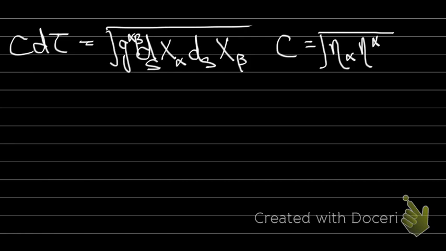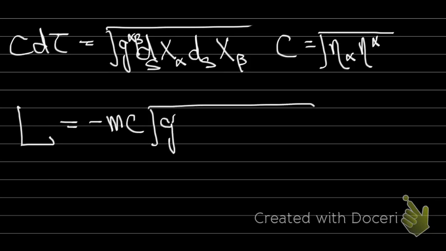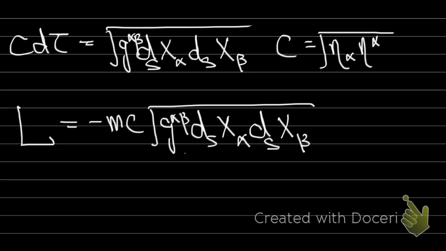If you remember, the covariant Lagrangian is what we just defined as negative mc square root g alpha beta, derivative with respect to s of x alpha times the derivative with respect to s of x beta, right?